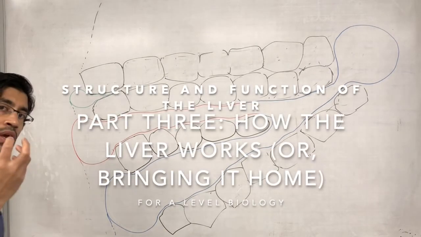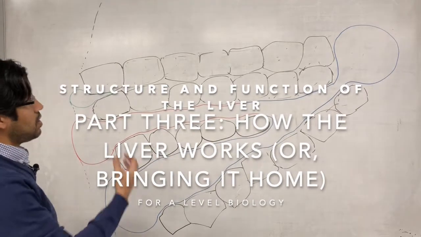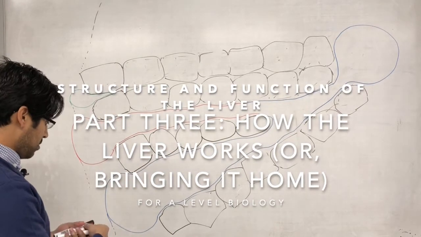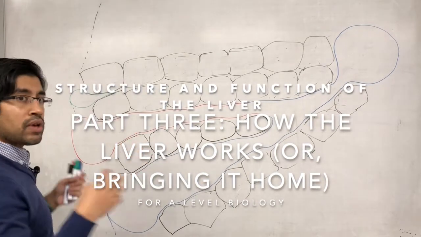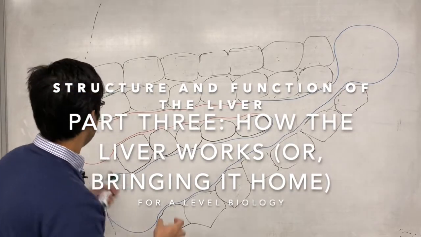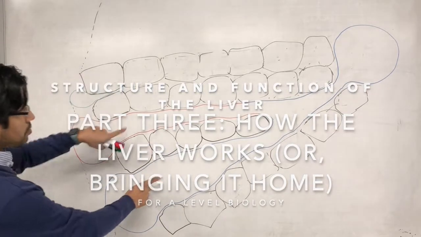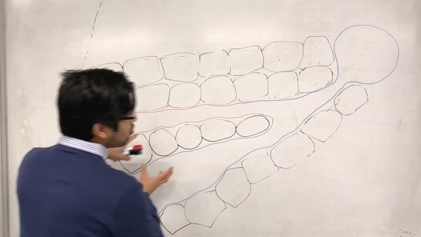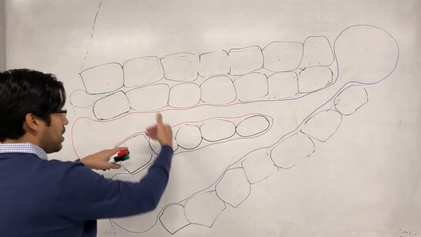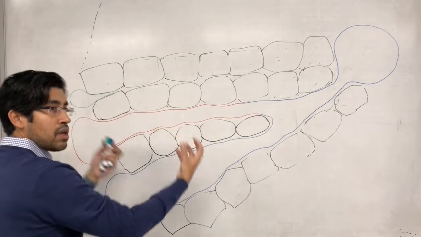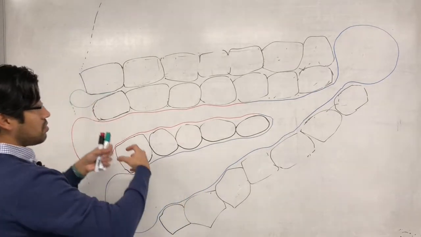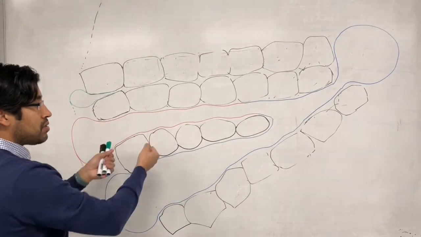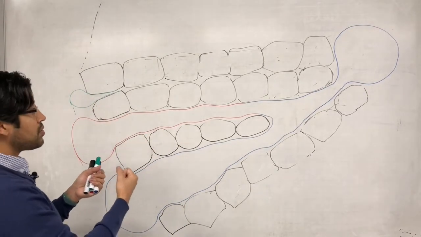So, what we've already discussed is that the liver does some jobs, and in order for it to do those jobs, it needs these two blood supplies, and those blood supplies give the liver cells the substances and materials that they need to carry out the metabolic processes.